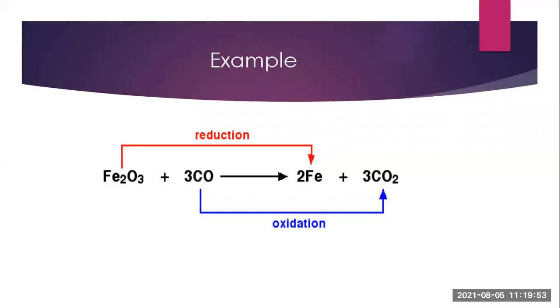But whenever any compound or element is gaining the oxygen, in that case we can say the oxidation of that particular compound or element has taken place. So here it is also an example of a redox reaction where both reduction and oxidation take place.